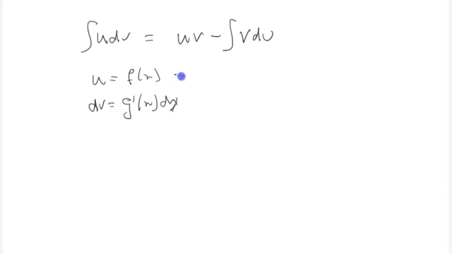And so you'll need to take the derivative of the u to get the du over here, and that du is going to be equal to f prime of x dx. And you have to integrate this v, and you want to define the dv as the most complicated bit of this function to integrate, but one that you can still integrate. That's important. And so you'll get v is equal to g of x, and then you make all these substitutions.